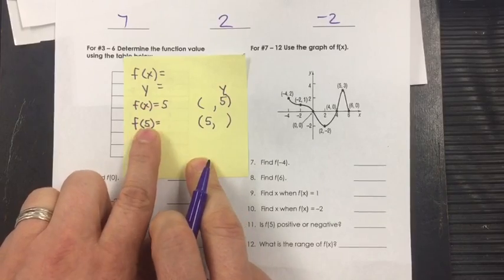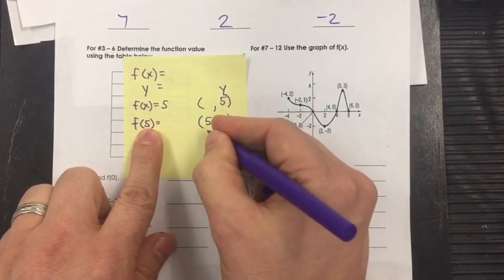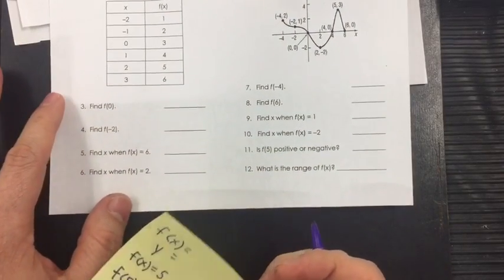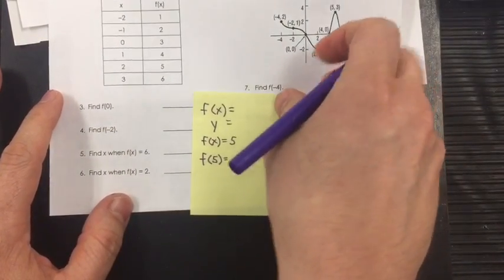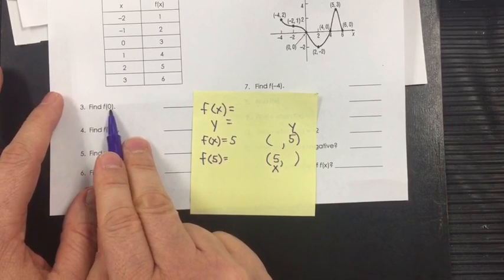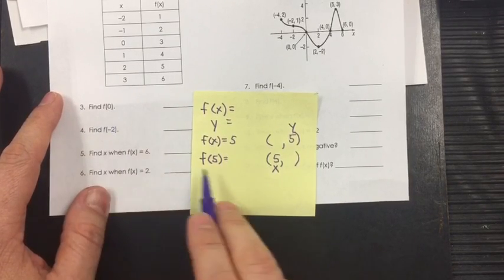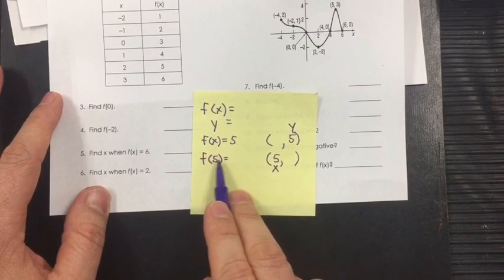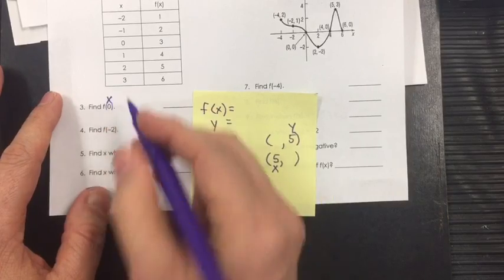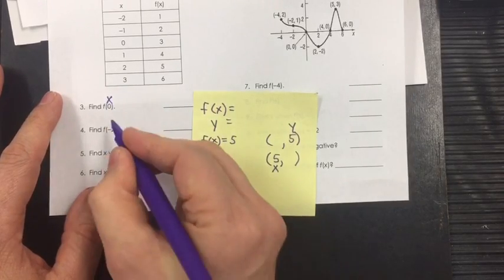If they have f and then the number in the parentheses, they're giving you the x. So before we even look at the table above it, take a look at this one. Are they giving me an x here or a y? X. Yeah, they're giving me an x because they're putting the number in the parentheses. So this is an x. This one is also an x.